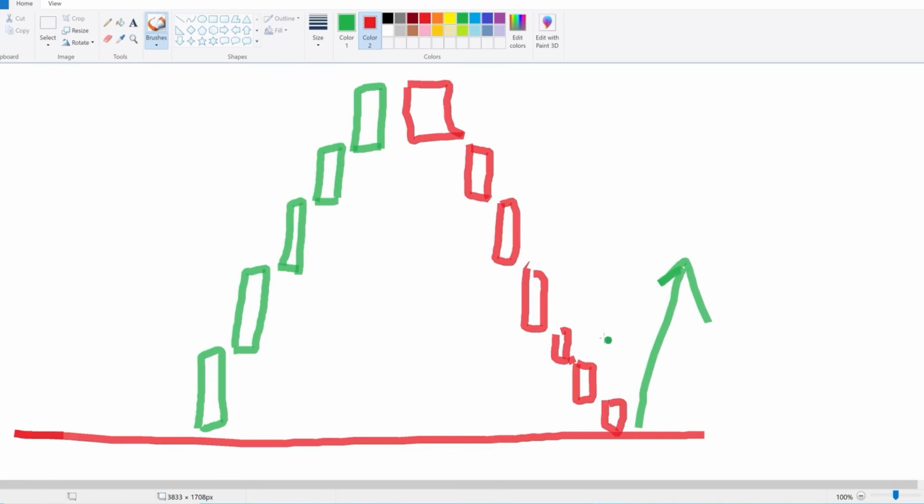Also, note that in the discussion of momentum, shadows are not important to us. That's why I didn't draw them. We only focus on the body of the candles and the volume they represent. When a large red candle forms with high volume, it means the momentum is with the sellers, and the price is likely to drop faster.